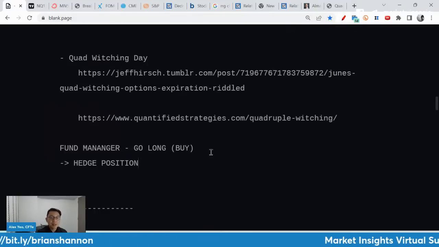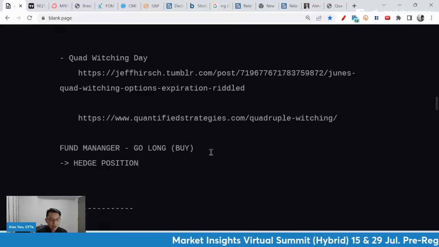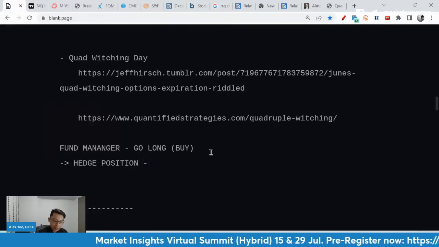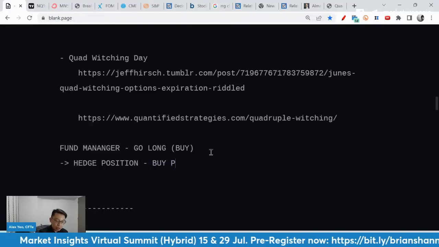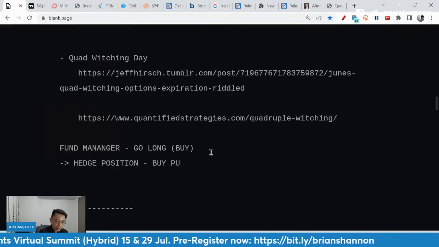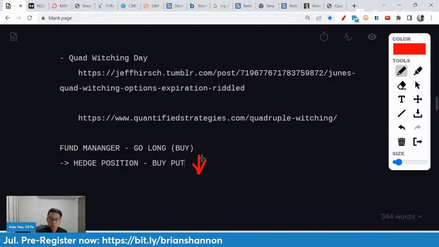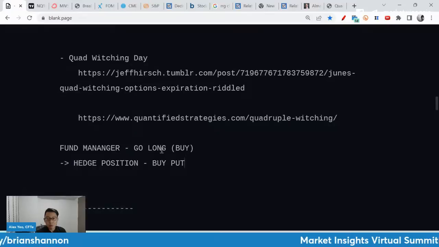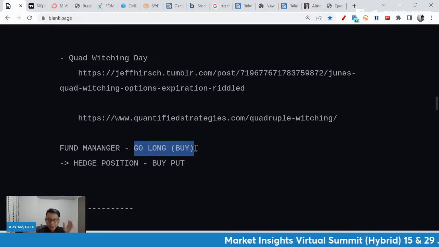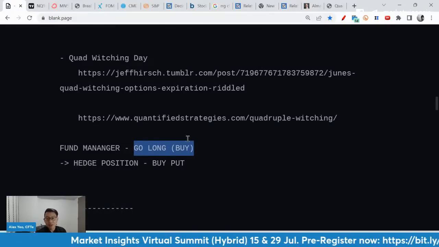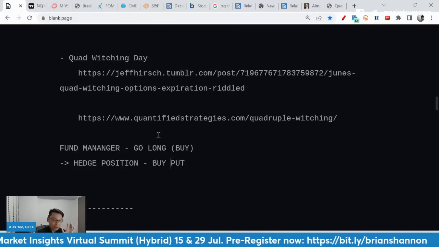So in the options market, as Yu Heng says correctly, they will buy puts. If you buy puts, you are anticipating the market will go down, so they make money from that. So net, you are still hedging. Your long position is still intact, but short term wise you are hedging. This one can understand, right? Buy put.